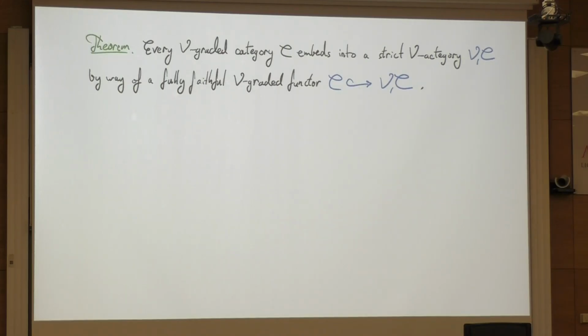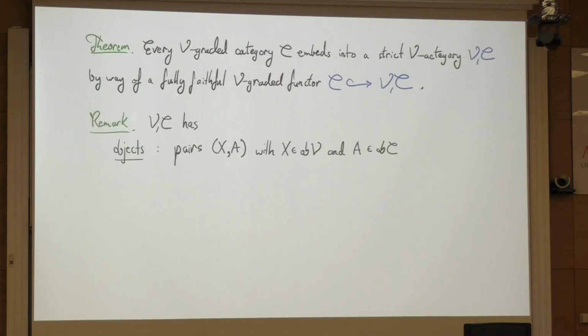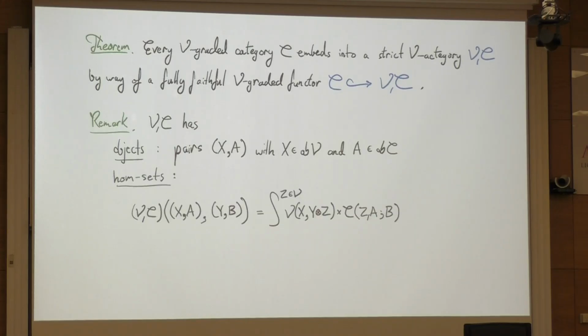into V-tic-C. And there's actually a really simple construction of this category. It has objects given by pairs, x comma a, with the first object, x, being an object of V, and a being an object of C. And the Hom sets in V-tic-C can be formed using this interesting coend.